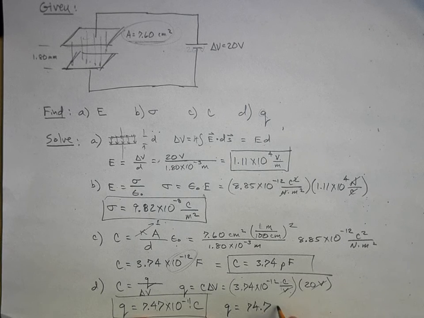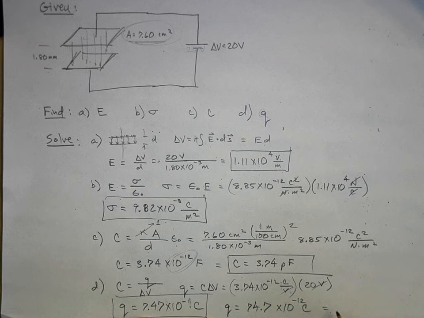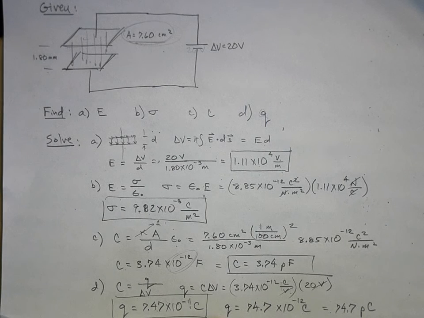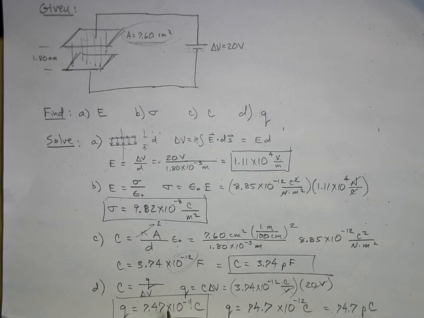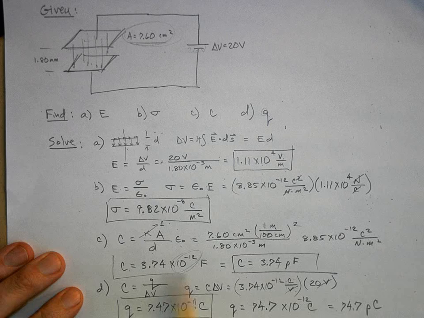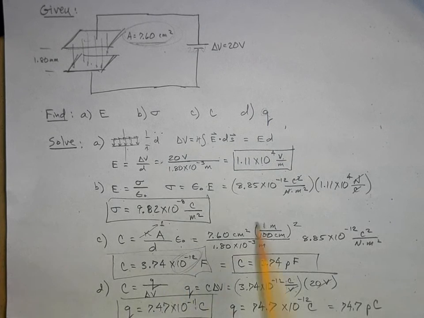And when I divide this by 10, I get 10 to the negative 12 coulombs, which is 74.7 picocoulombs, which I think is what the book did, right? Yep. Yeah, so I'm just showing you. But this is a perfectly good answer if you just want to put them in scientific notation and just leave them in without all the pico or micro or milli or whatever.